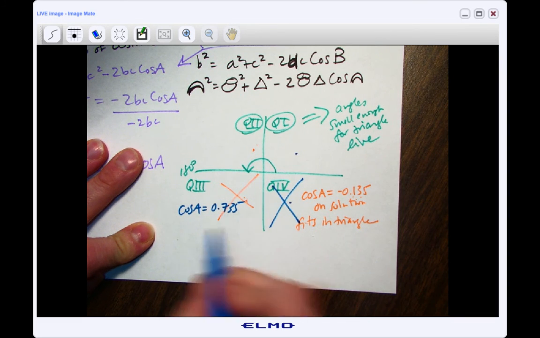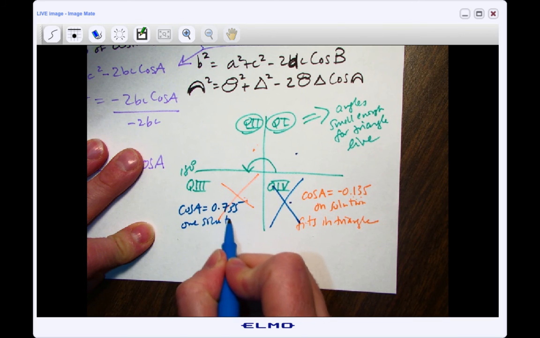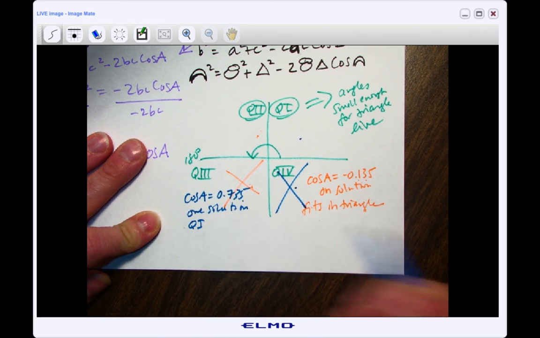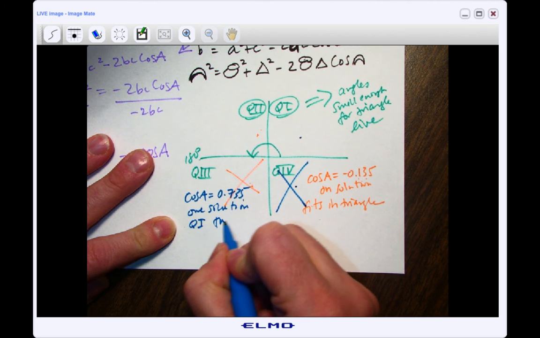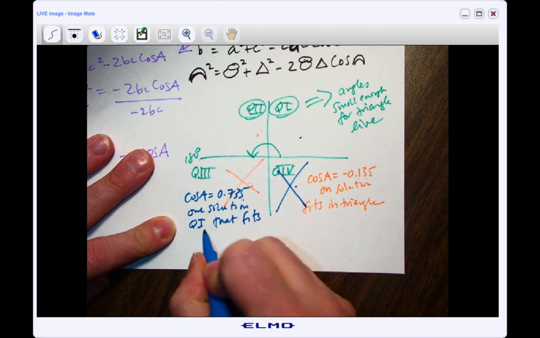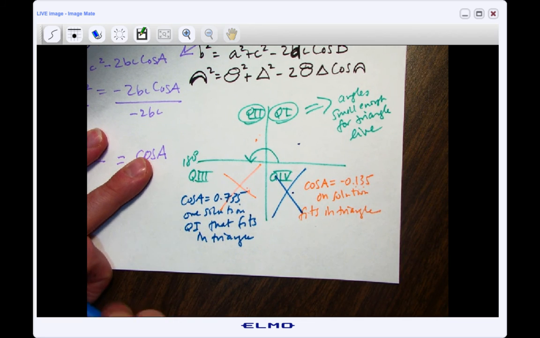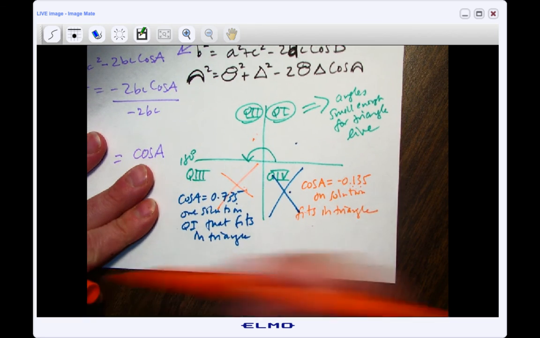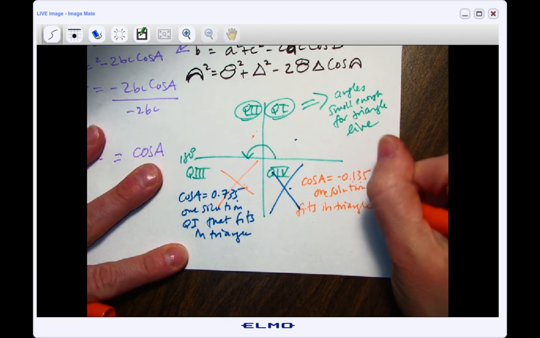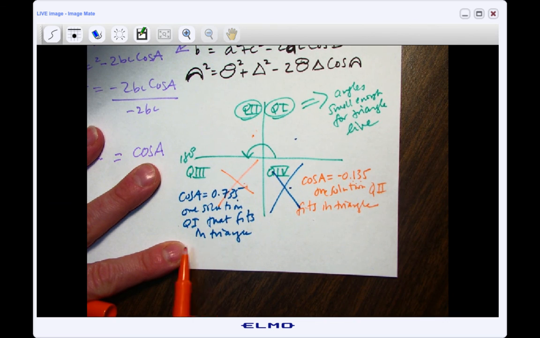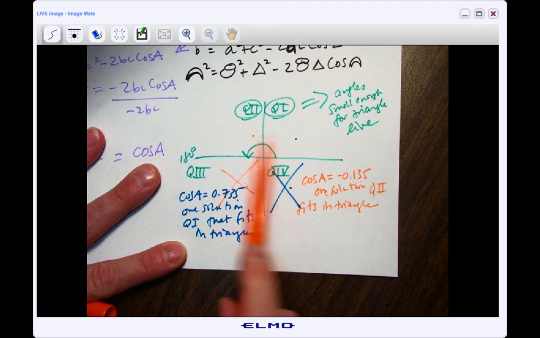So that has only one solution in Q1, right? That fits in a triangle. So this one would have to be in Q2.